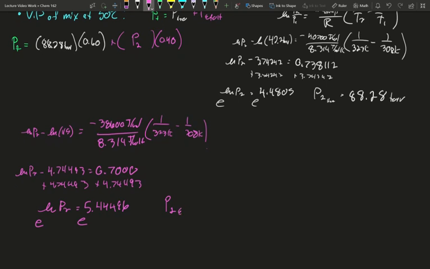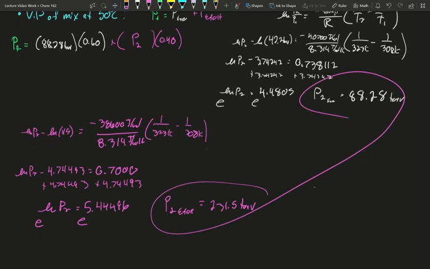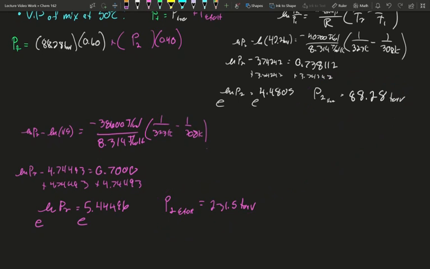Pressure 2 for the ethanol, the pure pressure at the higher temperature, comes out at 231.5 torr, which is indeed more than the water, which we would expect. The boiling temperature for ethanol is lower than water, so it should have a higher vapor pressure earlier.